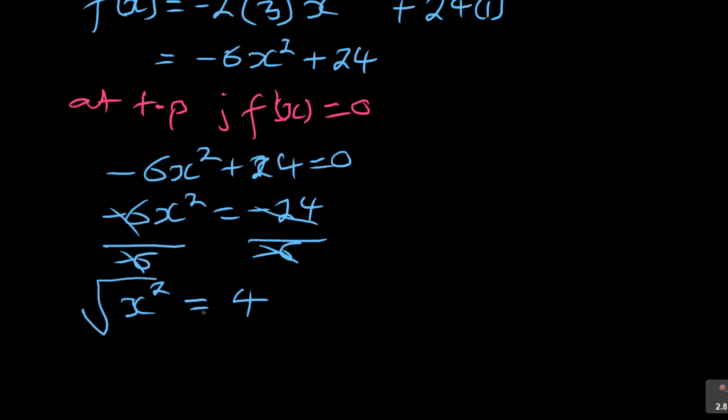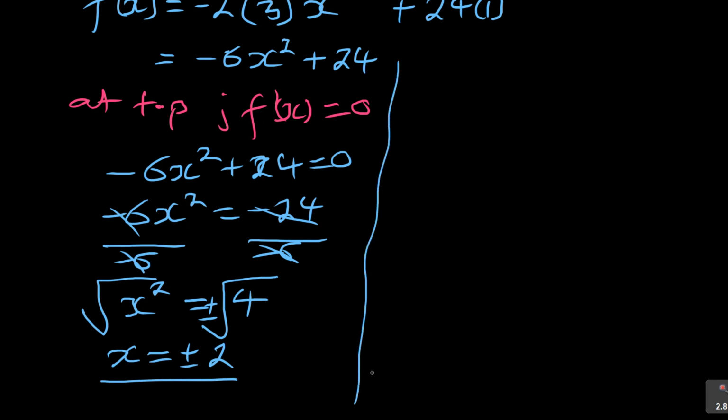Now to find x, it's plus or minus the square root, remember. Therefore, x is equal to plus or minus 2. This is the value of x at the turning point. x is plus 2 or minus 2. But remember I said you need to find the y value.